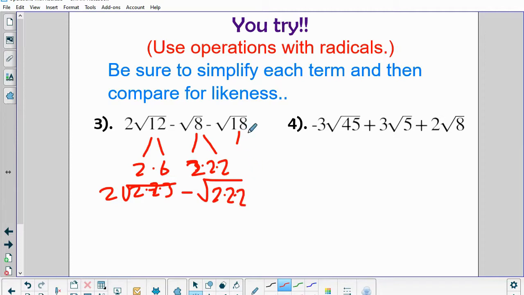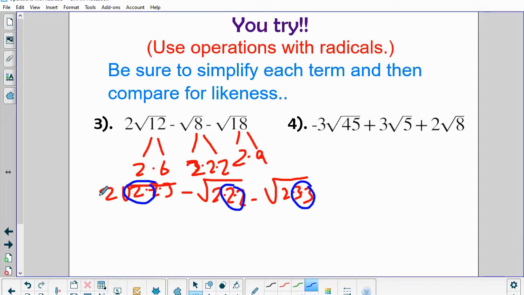And then the last one's going to break down into 2 times 9, which in turn breaks down into 2 times 3 times 3. So let's circle the pairs that are under the radicals. We got 3's here, got 2 2's here, and we got 2 2's here.